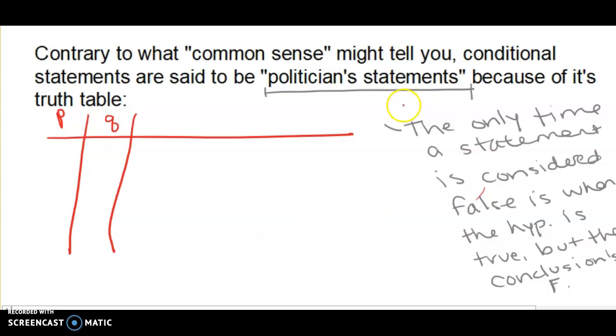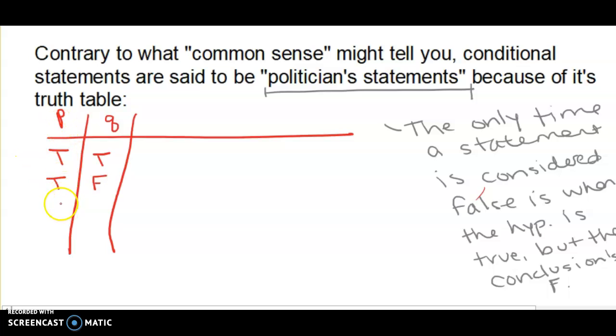All right, now we want all possible scenarios. So maybe P is true. And if P is true, Q can either be true, or false. There's no other option.